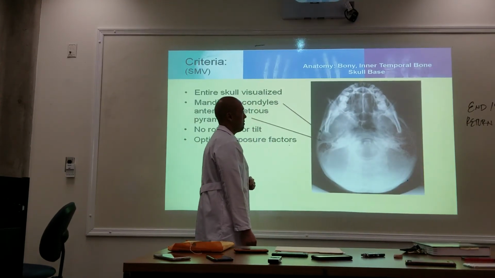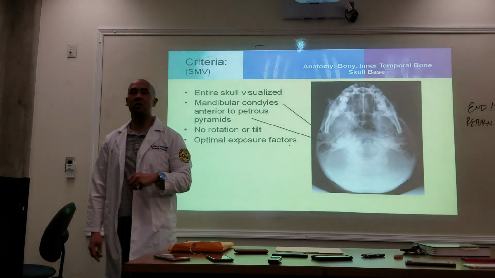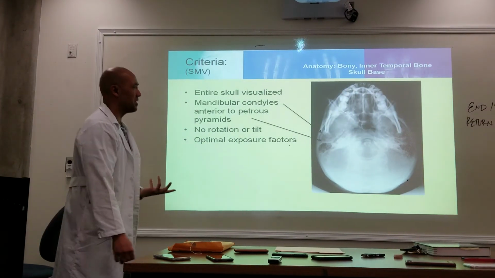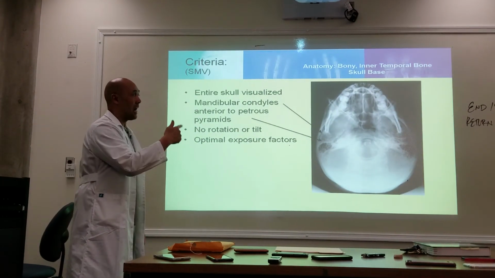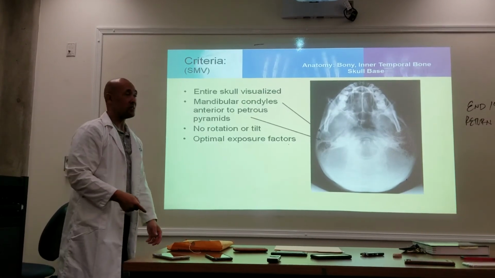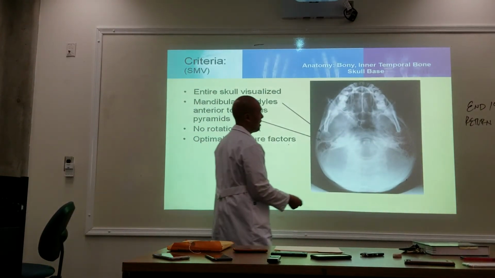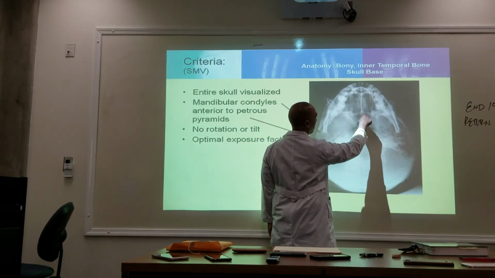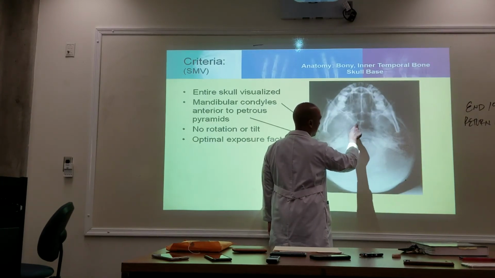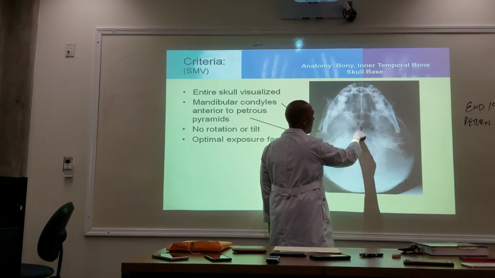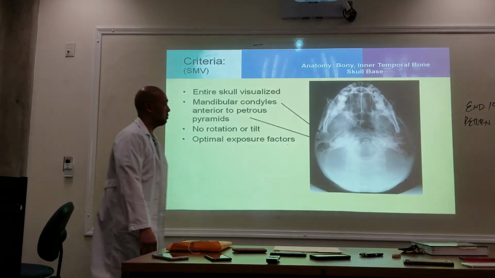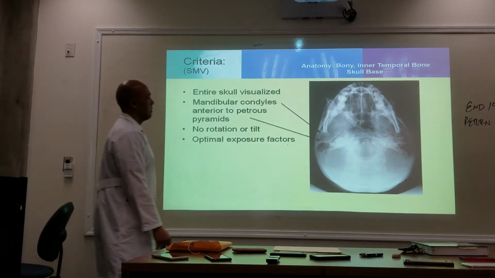Okay? And remember I told you that to evaluate for your sphenoid and ethmoid sinuses, it's either a lateral or, this is the other view, the submental vertex. So here we have the sphenoid, and these are the ethmoid cells right here. Sphenoid and ethmoid. But we'll talk about that in the next couple of weeks when we talk about sinuses.